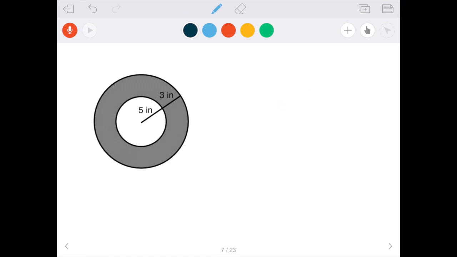So let's go ahead and take a look at our first one. We have a few problems here that are shaded figures. And remember that for the shaded, when they ask you to find the shaded area, you are basically doing the outside area minus the inside area. All right.